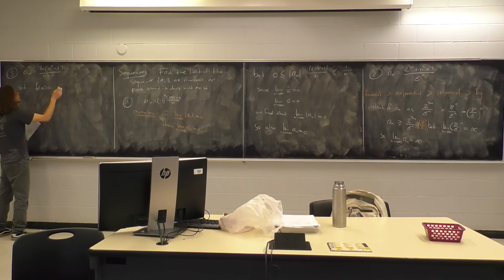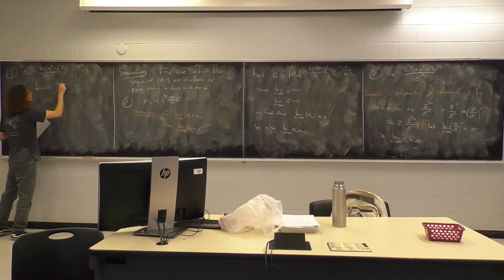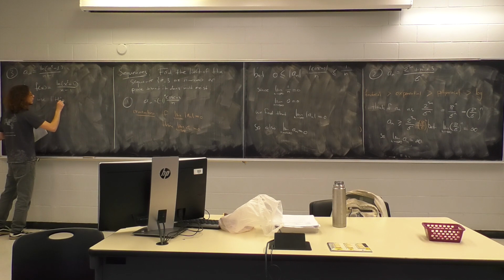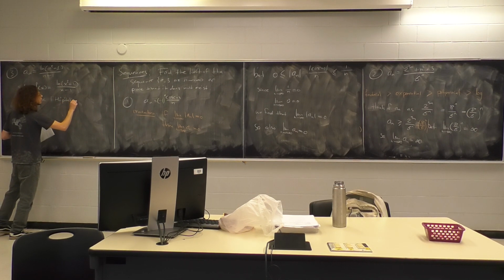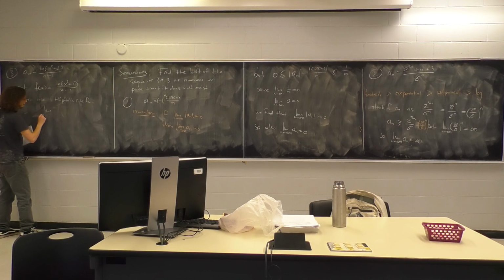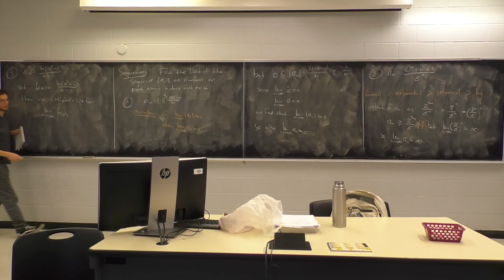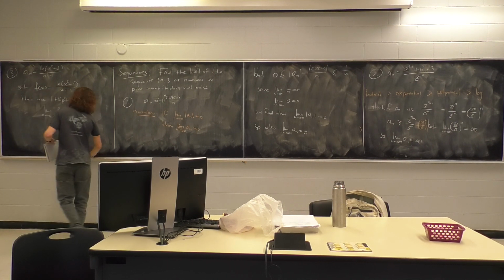You want to set a function ln of x squared plus 1 over x minus 1, and then use L'Hopital's rule on this limit. So copy this, write it down, look at the video, and then look at it yourself.